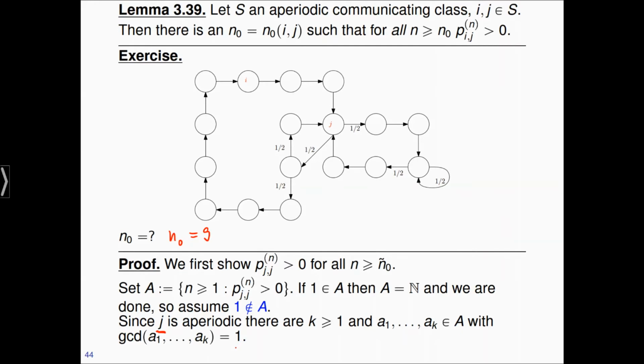If it were some other number, then all the elements in A would be divisible by that number, and then j would be periodic, which we assumed that it's not. So if the greatest common divisor of all elements of A is 1, then of course we find finitely many elements such that the greatest common divisor equals 1.